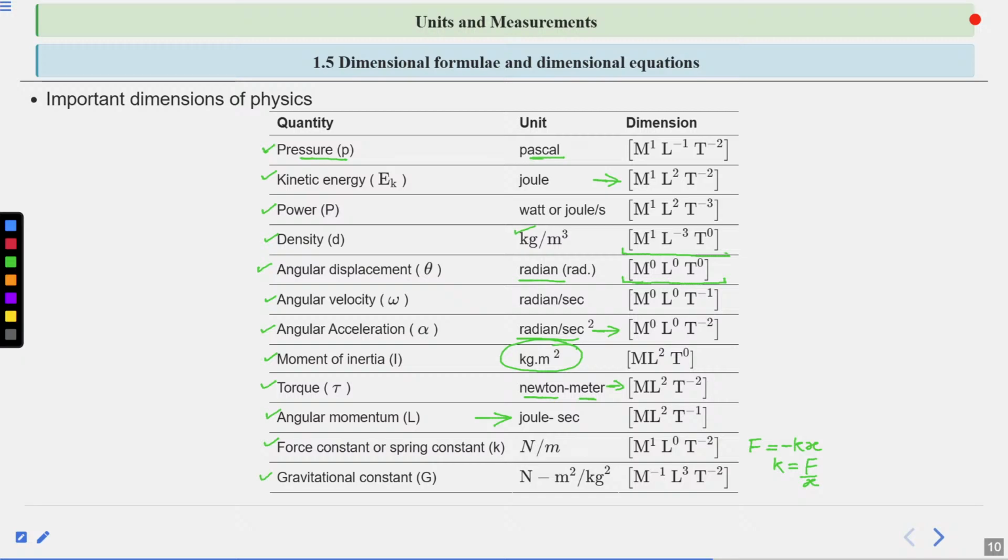Gravitational constant G, unit is Newton meter square per kg square, and its dimensional formula is M inverse L cube T raised to the power minus 2. To represent the dimensional formula of any physical quantity, we use the square bracket only.